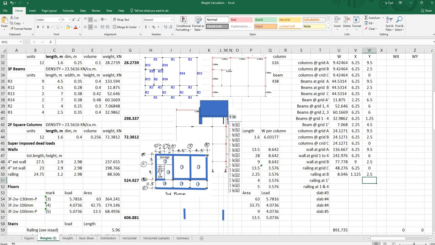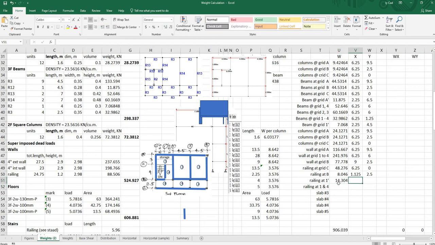And then we have the railing at 1 prime, which is this. The length would be 4 times the height of 1.2 times 2.98.